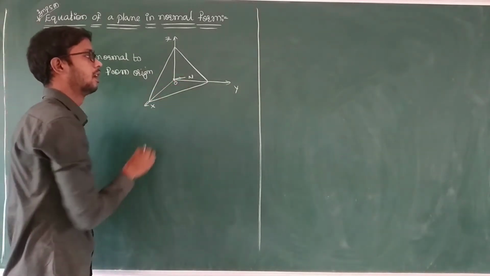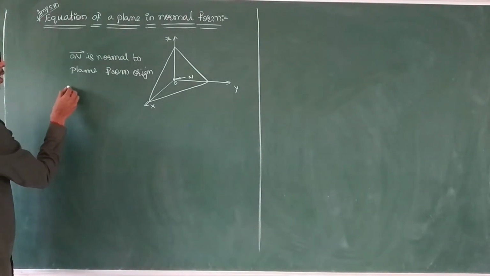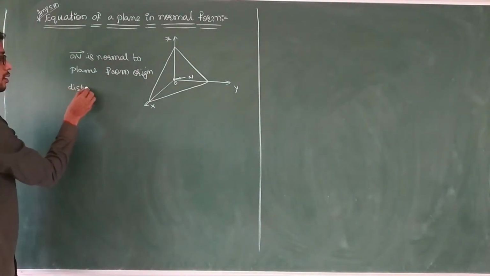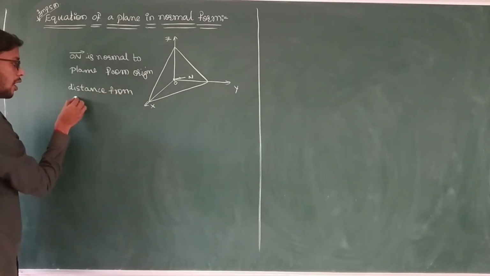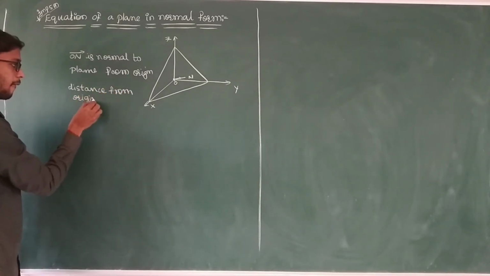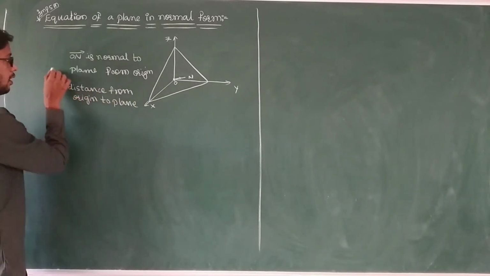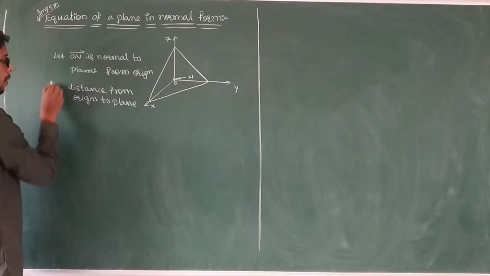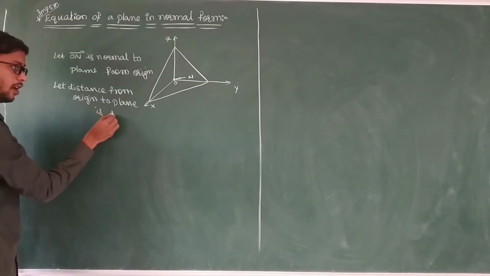ON bar is the normal to the plane, and the distance from origin to plane is d.